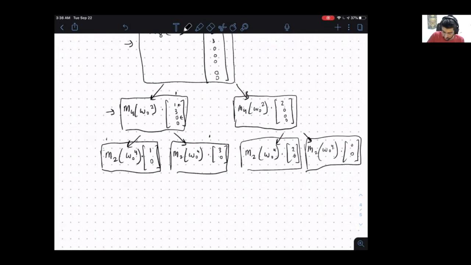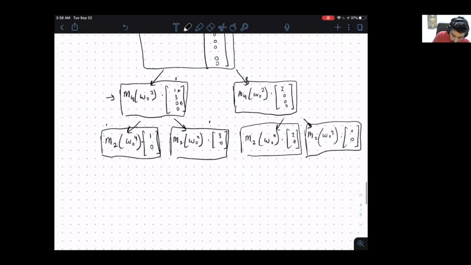And let's just take it all the way down. So this is equal to M1 of omega naught to the 8 times just a single number 1.